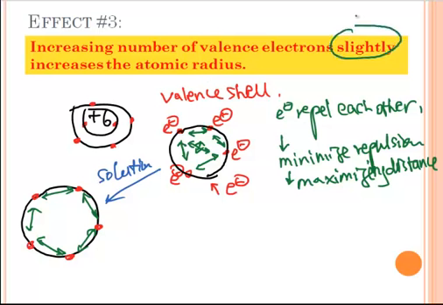Effect number 2 is the number of protons in the nucleus. The higher the number, the stronger the attraction forces, and the smaller the atom will get.